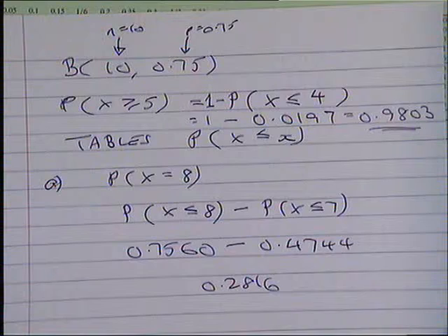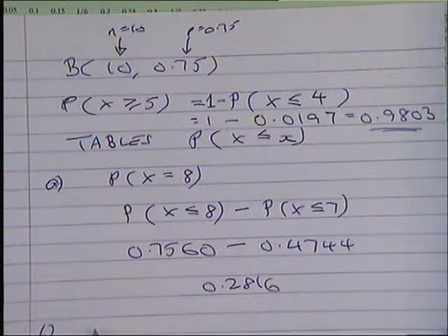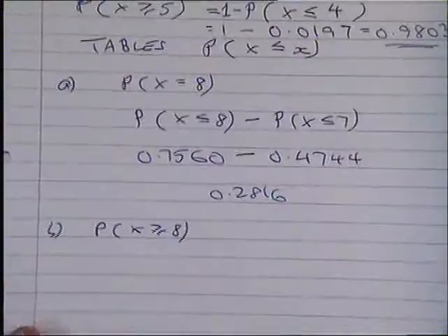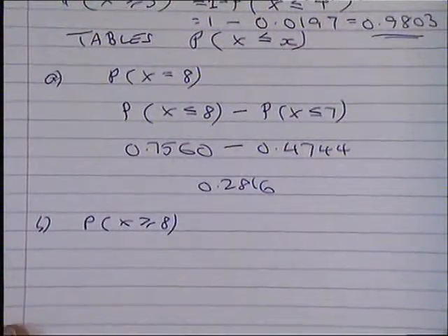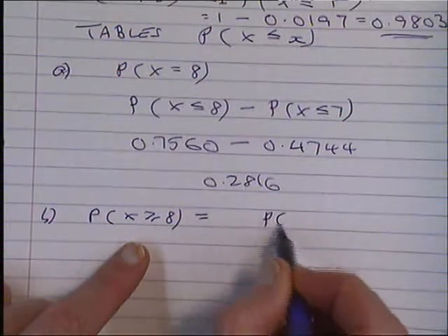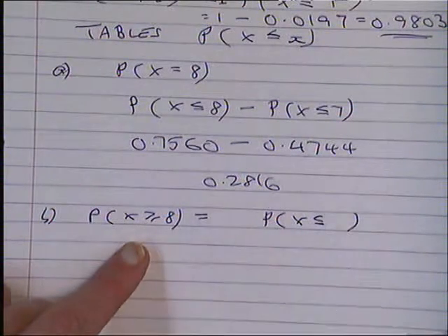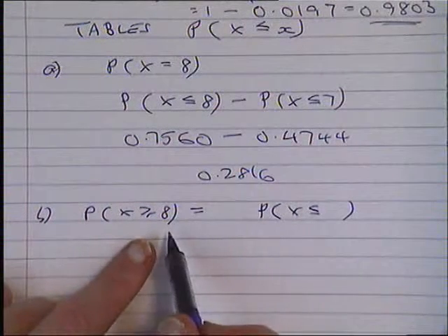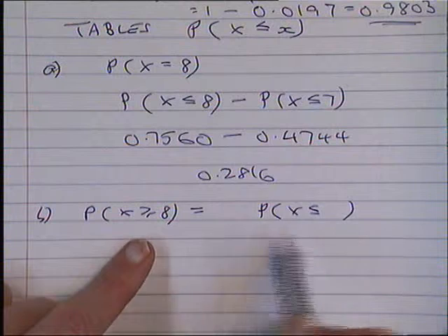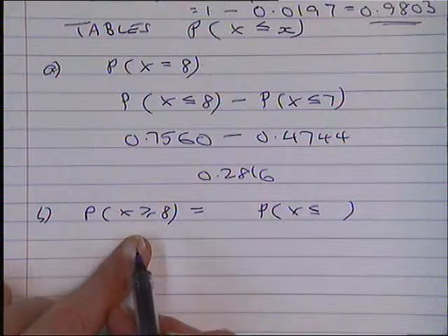In part B was the probability of getting 8 or more, x is greater than or equal to 8. We can't deal with greater than or equal to's. We've got to turn it round so there's a probability with a less than in there. Can anybody tell me what this will be over here? What's the opposite of greater than or equal to 8?